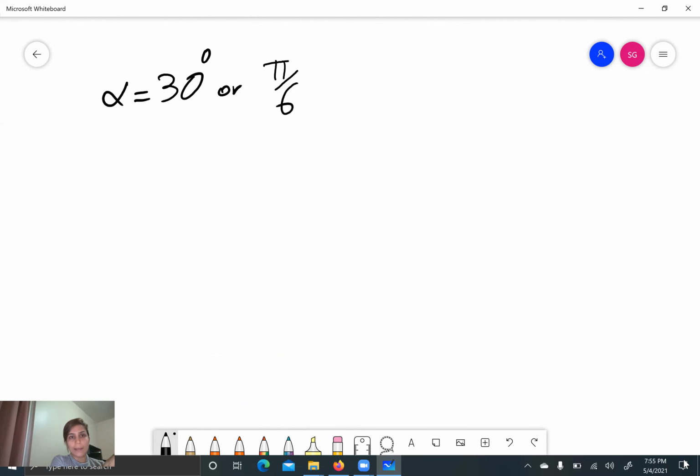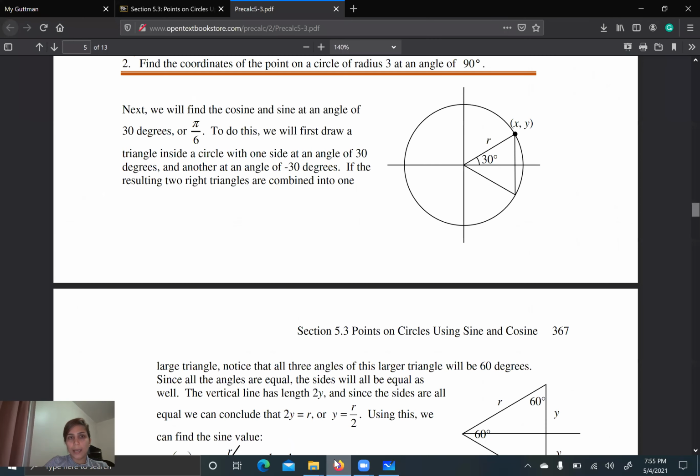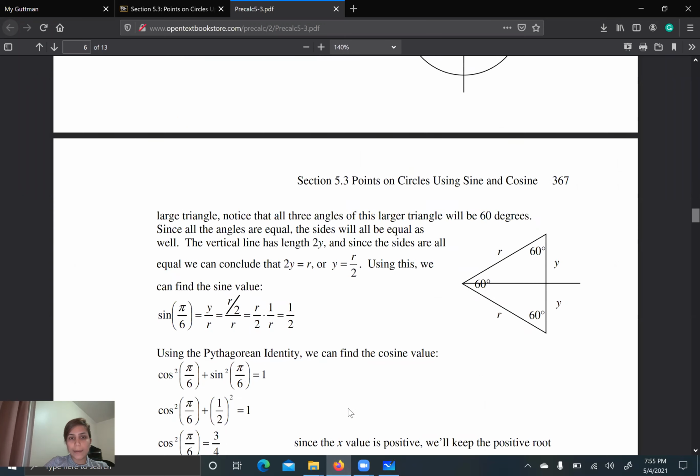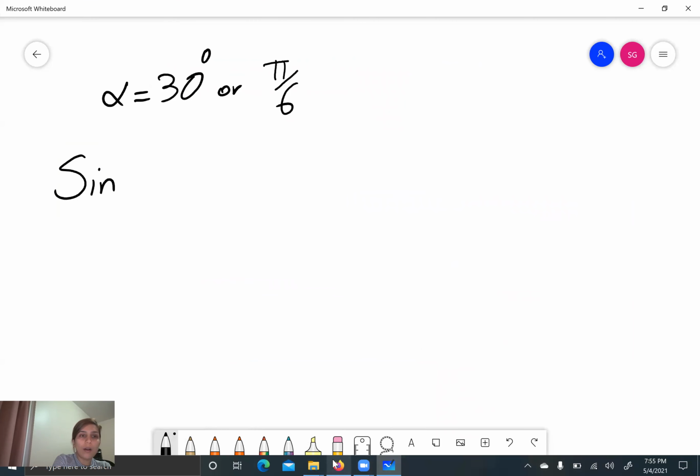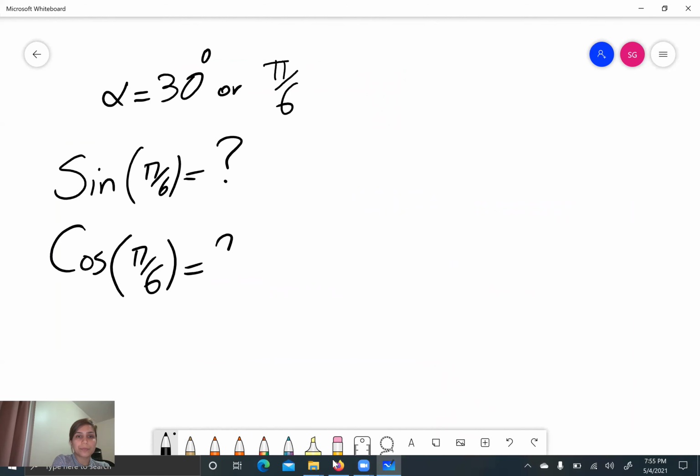Every time I'm talking about an angle, I give you both the degree measurement and the radian measurement. Now the question is, what is the sine? We are going to evaluate the sine of pi over 6. We want to find the sine and cosine of pi over 6.